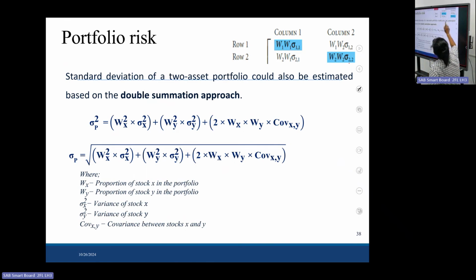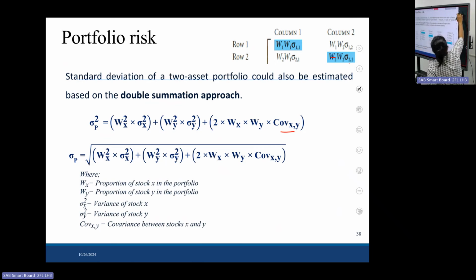So therefore you can see twice weight X into weight Y into covariance of X and Y. So the double summation formula comes from a matrix like this.